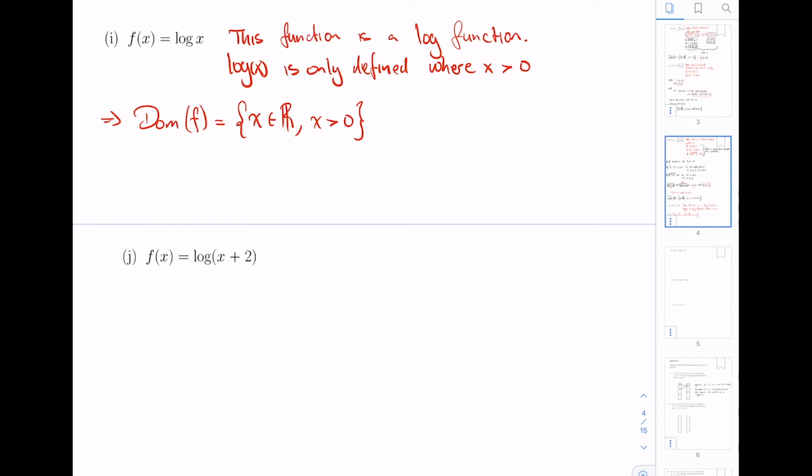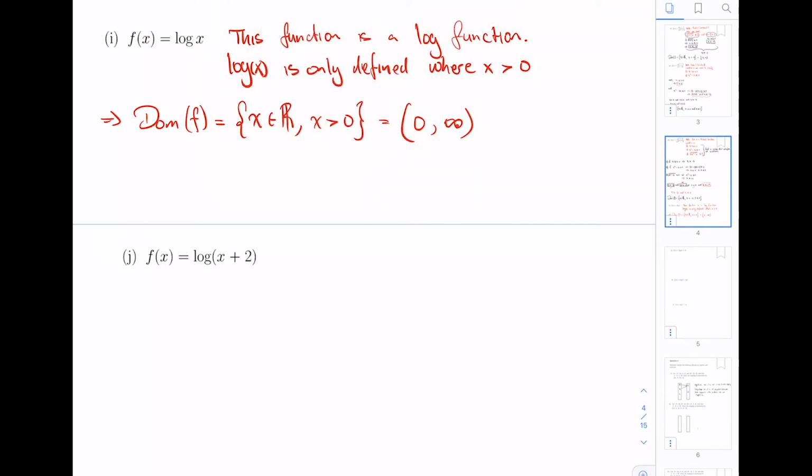Okay, it cannot be equal to 0, but it is greater than 0. And we can also write this in interval notation. So that is in interval notation. We have the set of x values in between 0 and infinity, not inclusive.